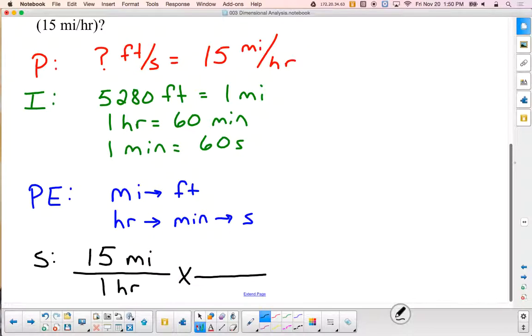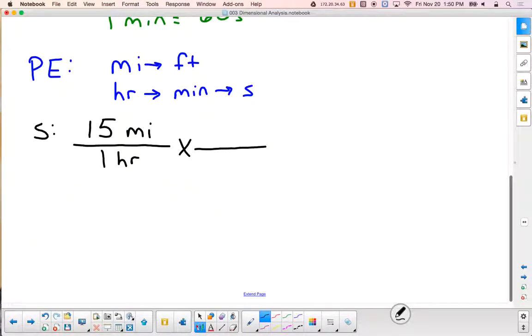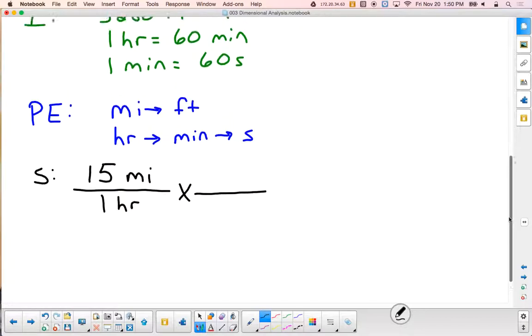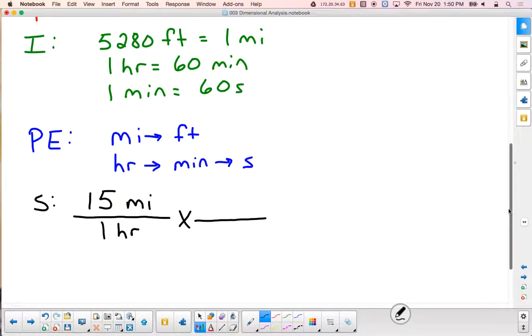So let's do the numerator first. I've got miles in the numerator. I need to turn that into feet. I'm going to put miles in the denominator in the next step. 5,280 feet. Miles cancels with miles. I did it. There's feet. I'm done with the numerator.